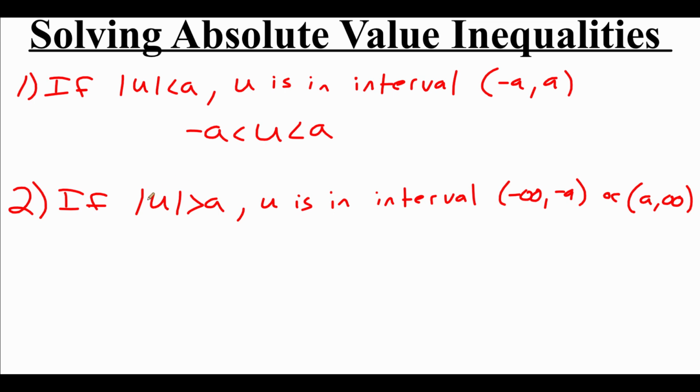The first one is going to look almost exactly like the original one, just with the absolute value symbols dropped. So that's going to look like u is greater than a. But for the other inequality, we're going to use negative a, and if we flip the a to a negative a, then we also need to flip around the inequality symbol. So here we're going to come up with two separate inequalities that we will have to solve.